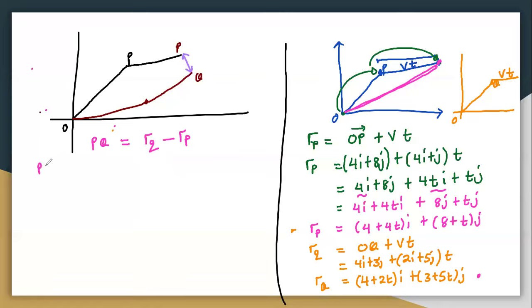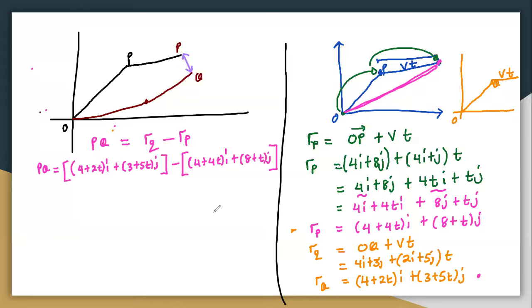So my PQ is the same as 4 plus 2t i plus 3 plus 5t j. This is my RQ. Then minus my RP, which is the same as 4 plus 4t i plus 8 plus t j.